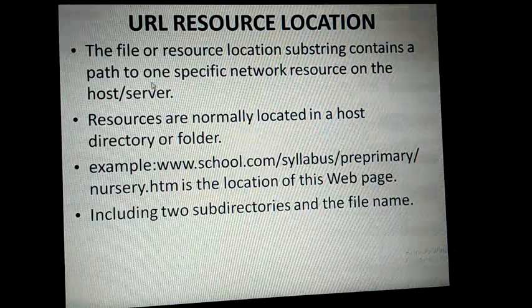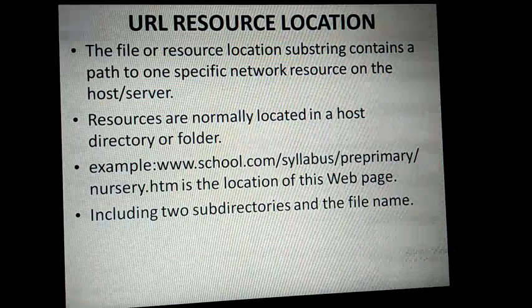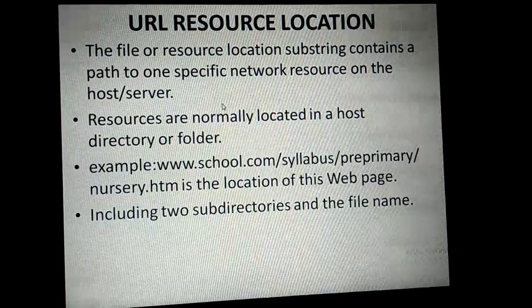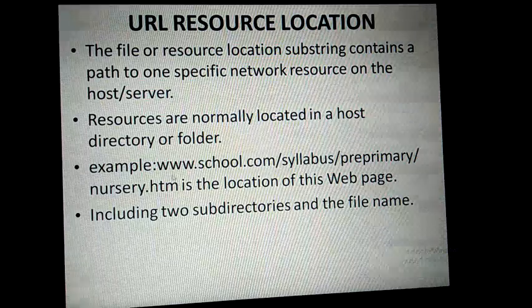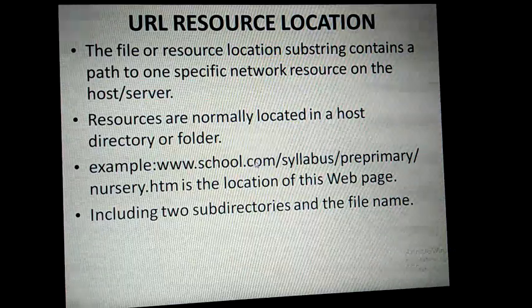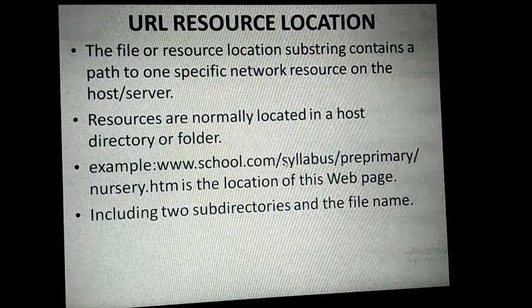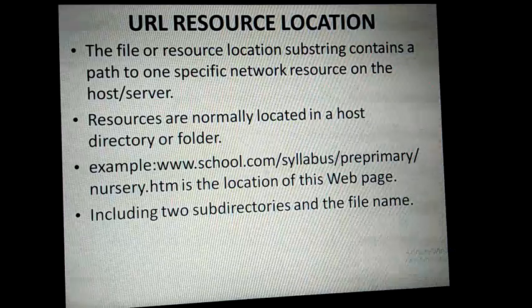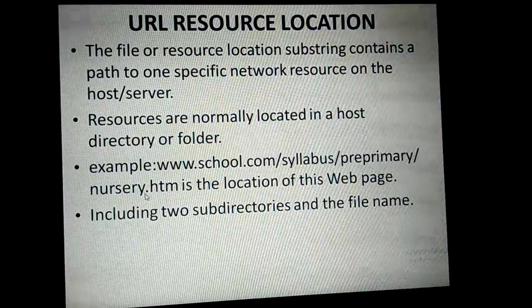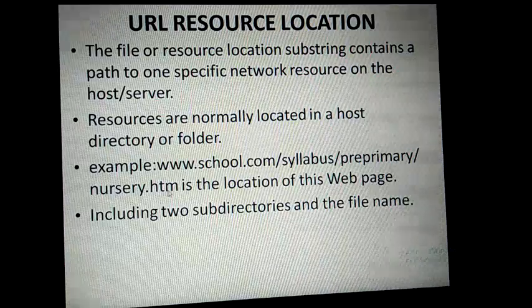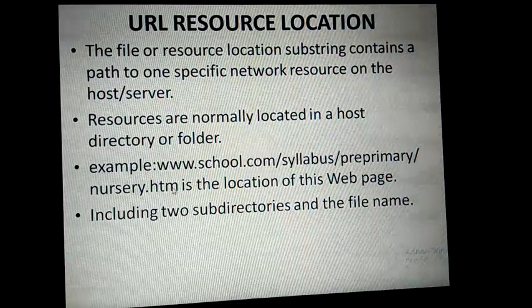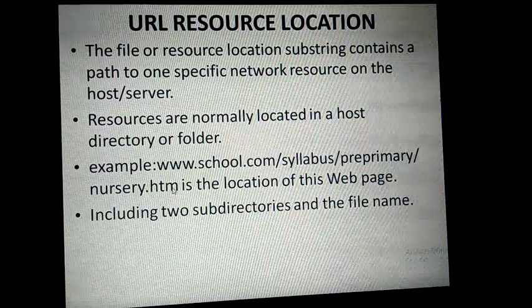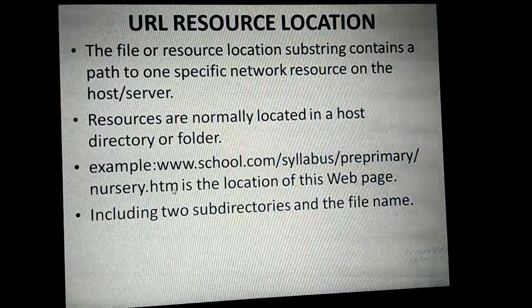If you type the general host name, like www.school name, it will go only to the home page of that website. But if you give the syllabus and pre-primary nursery path, it will go directly to the nursery.com.htm web page.